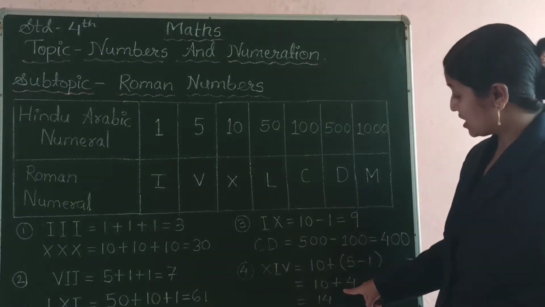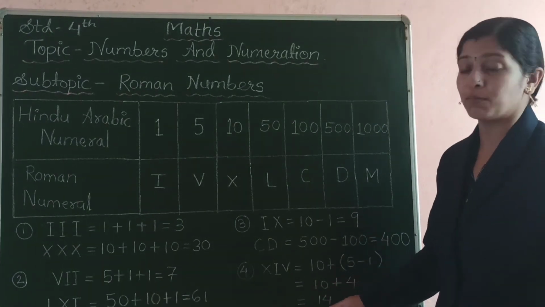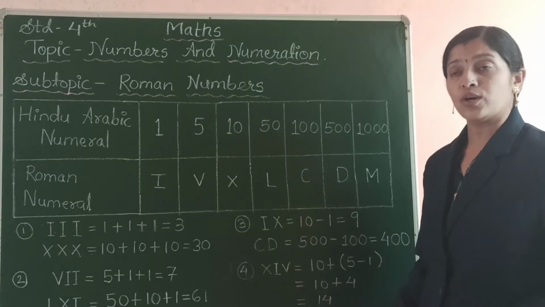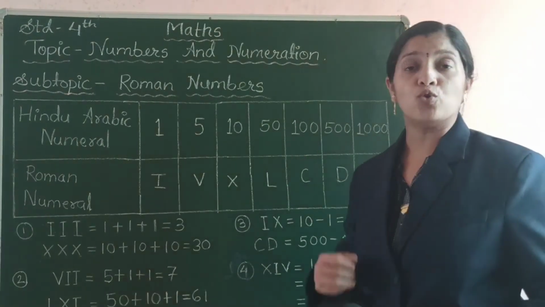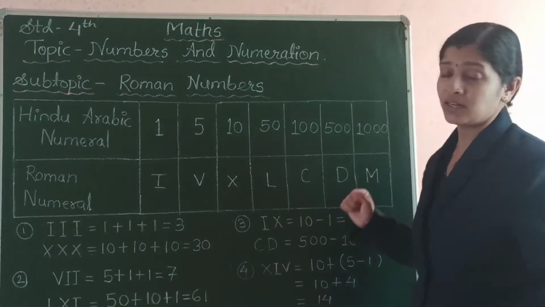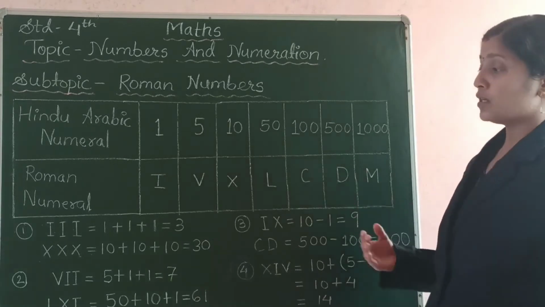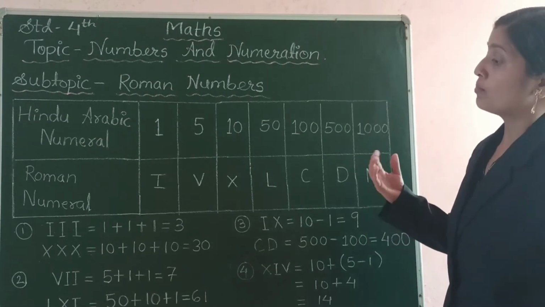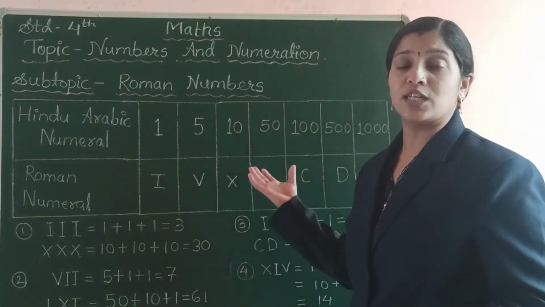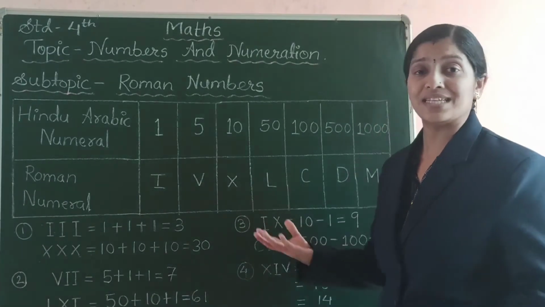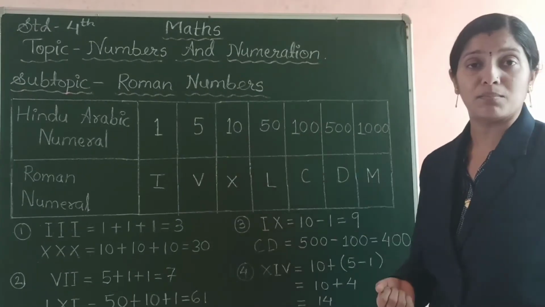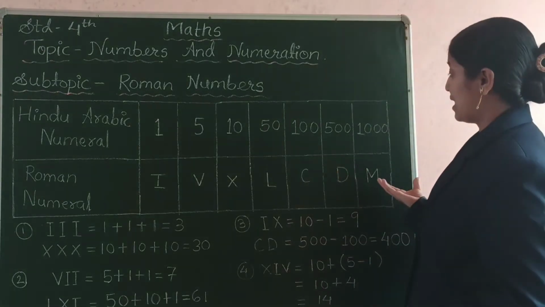So 4 is written here, that is 10 plus 4 will become 14. Okay, so these were the 4 rules to form the Roman numbers. Whenever you are asked to form the numbers, you can make use of these 4 rules and you can easily form the Roman numbers from 1 to 100.